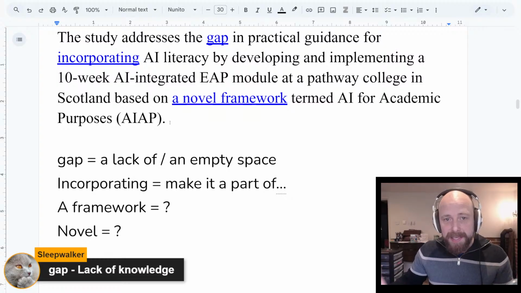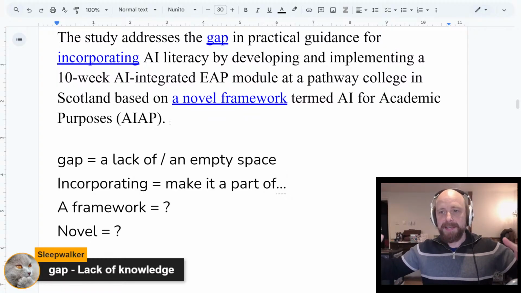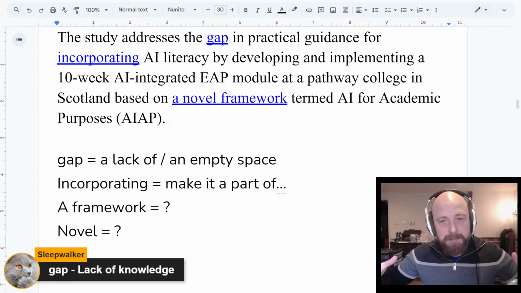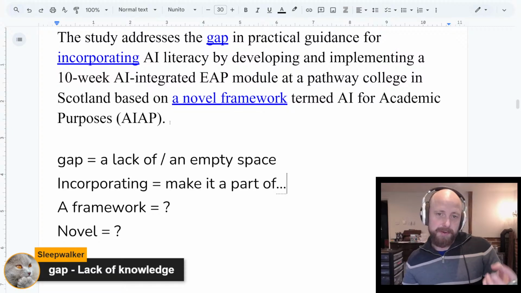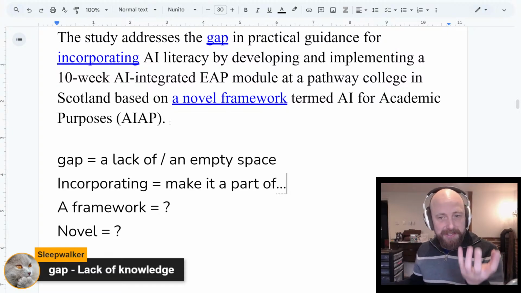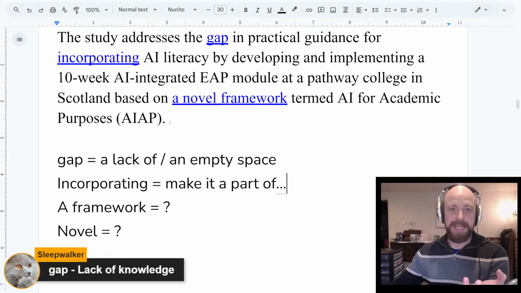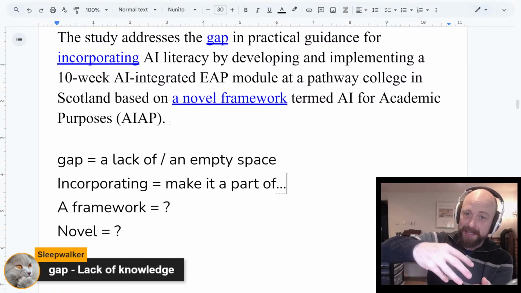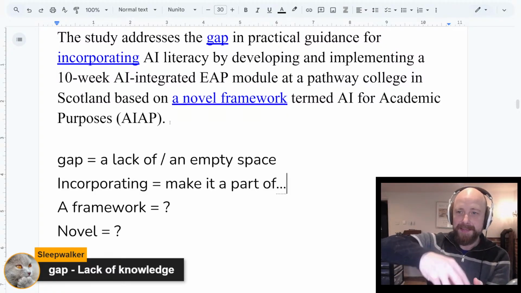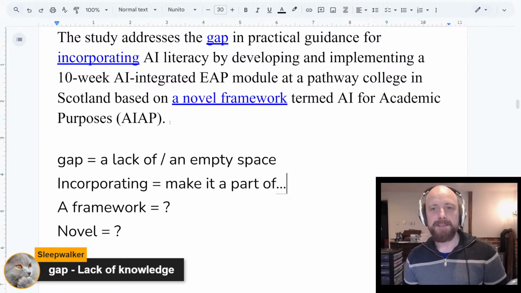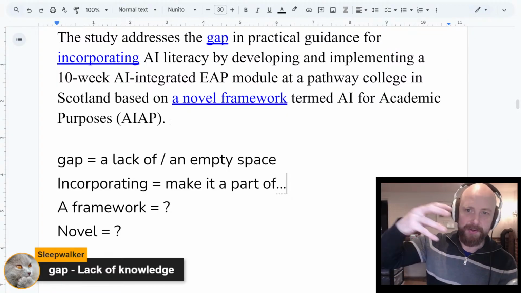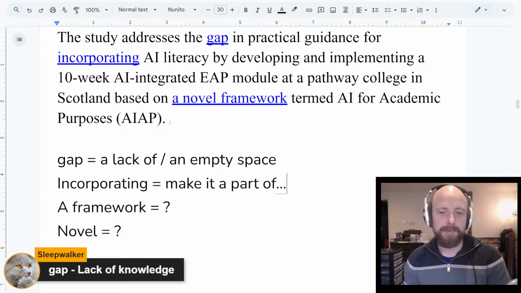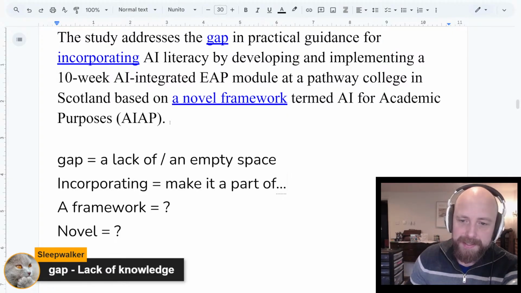Well, the body here is the EAP module. So inside the body, which is the EAP module, we are incorpo, as in putting in the body, incorporating this AI literacy. So we're putting this teaching of AI literacy into the EAP module, incorporating.